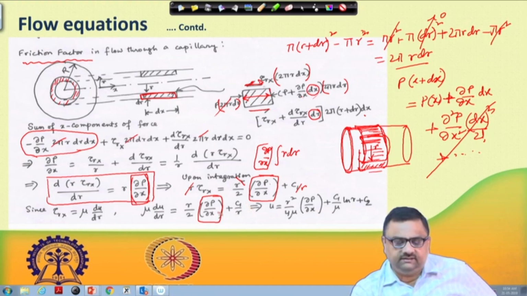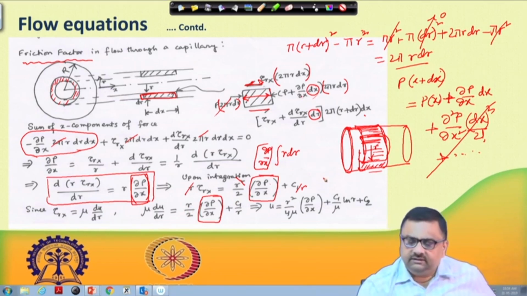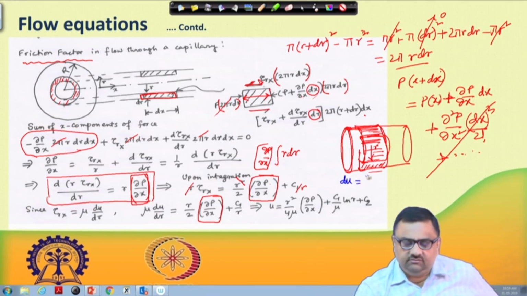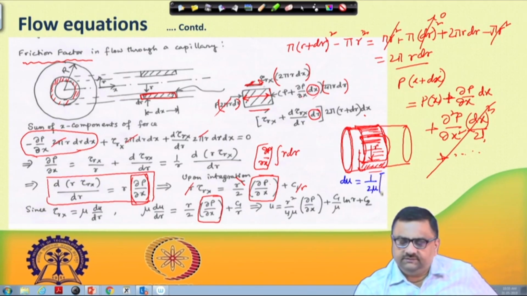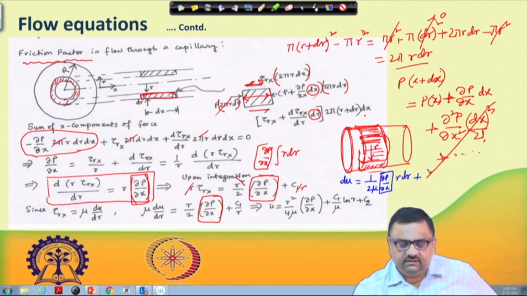When you do this integration, C1 by r dr and r dr, essentially you are writing that du is equal to 1 by 2 mu, this box del p del x, r dr, plus 1 by mu C1 dr by r.